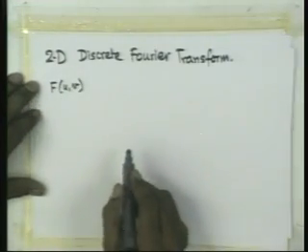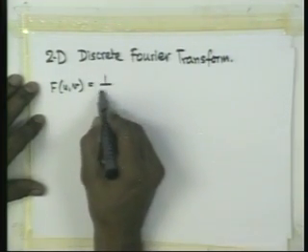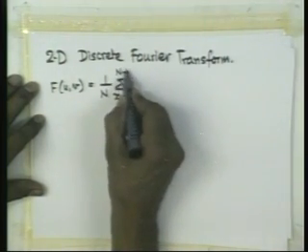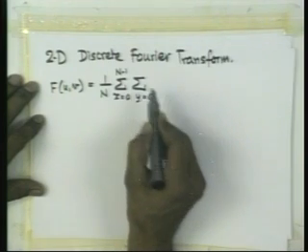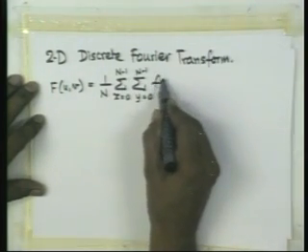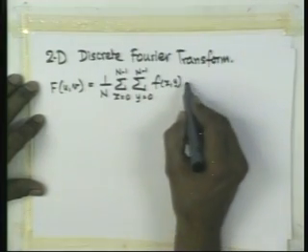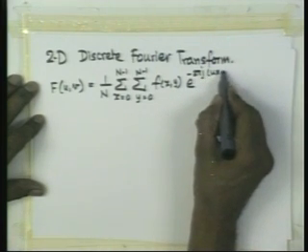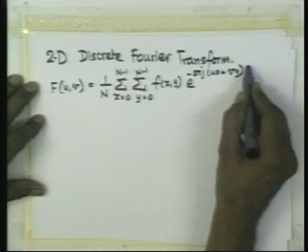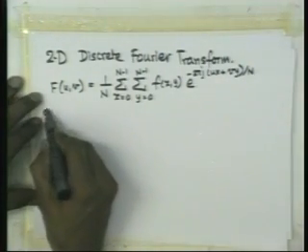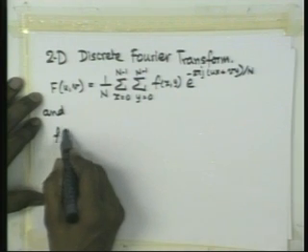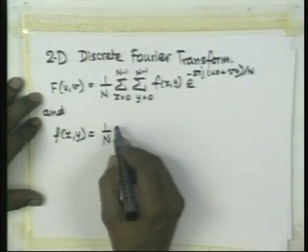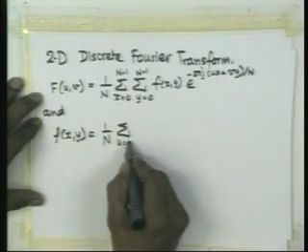Now we have 2 frequency variables u and v, that is equal to 1 over n summation x going from 0 to n minus 1, summation y going from 0 to n minus 1, f of xy, which is the intensity at that particular location, e to the power minus 2 pi j (ux plus vy) divided by n, and the inverse will be to give your intensity back from the Fourier transform values, u going from 0 to n minus 1.